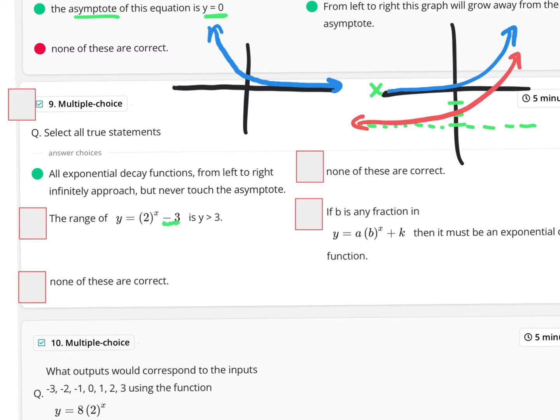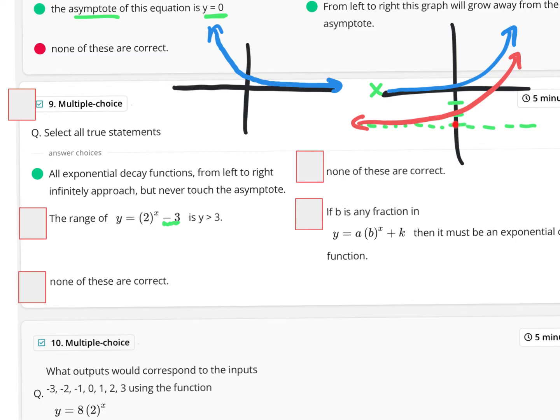So this is saying that the range, the y values of this red line, are at y is greater than 3. That is true because this red graph exists up here. It has a bunch of y values. It does have the y value of 2, -2, -1, 0, all the way up to infinity on y. But the graph never goes below -3.